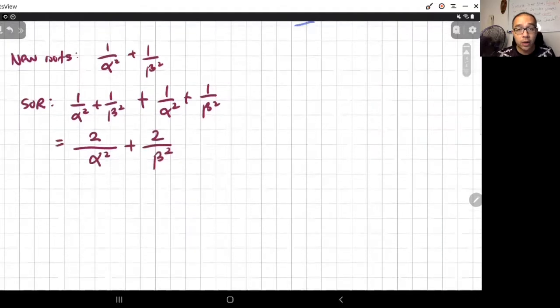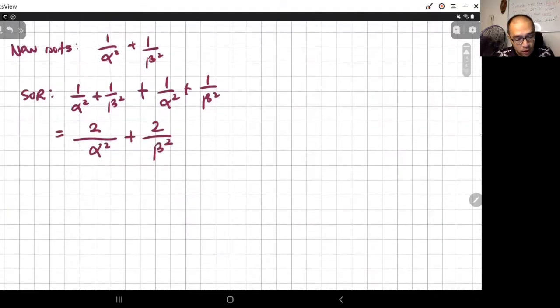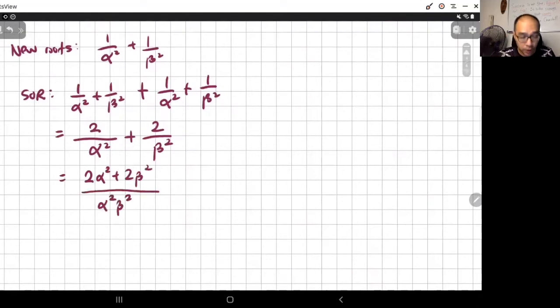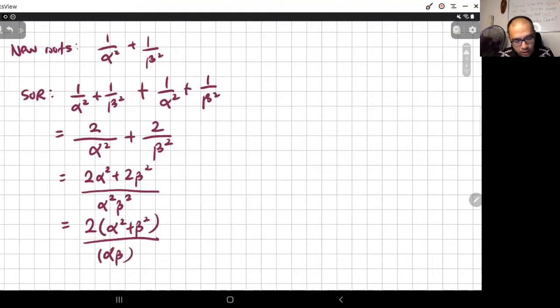Now can we simplify this? Can. When we cross multiply, we'll get 2 alpha squared plus 2 beta squared over alpha squared beta squared. And what will this give us? 2 times alpha squared plus beta squared over alpha beta the whole thing squared.